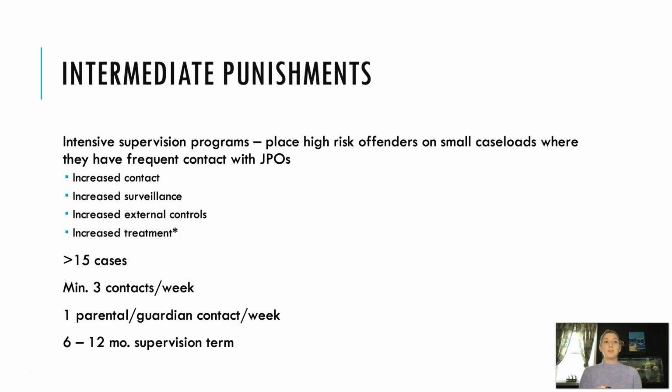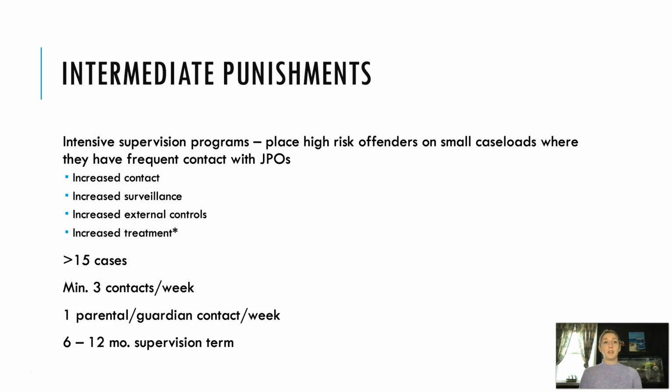And this one wasn't mentioned quite clearly in your book, but you have to also have increased treatment with that. Simply having increased surveillance and increased contact, all you're going to do as a probation officer is find more violations, find more rule breaking, because you're having more contact with the youth. So you have to make sure that you're also meeting them with increased treatment.